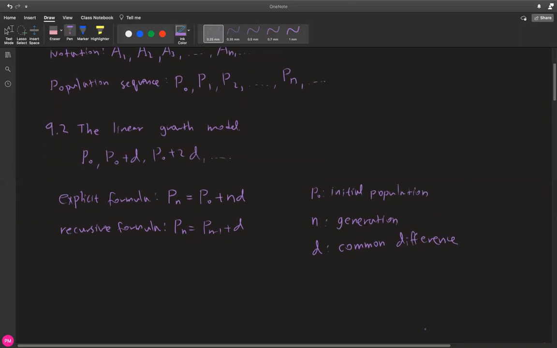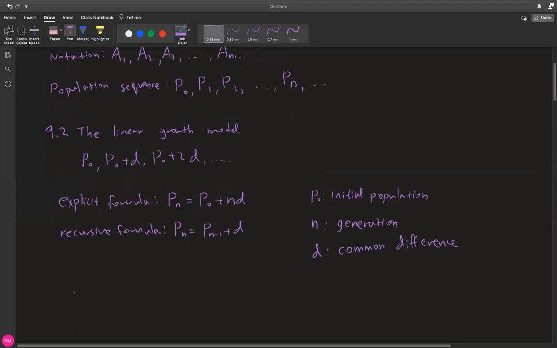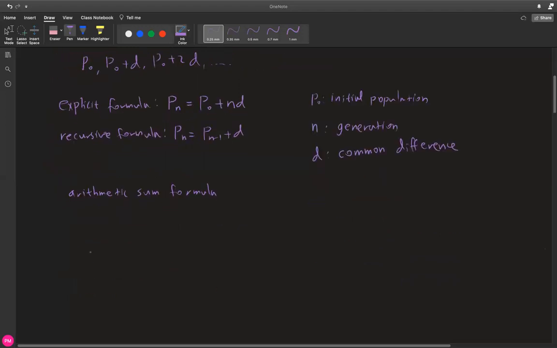One other thing that we did in chapter 9.2 was the arithmetic sum formula. That is given as the sum, which is simply P0, P1, P2, all the way up to Pn minus 1.